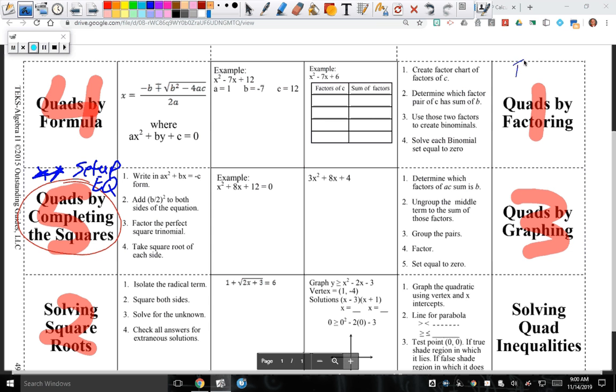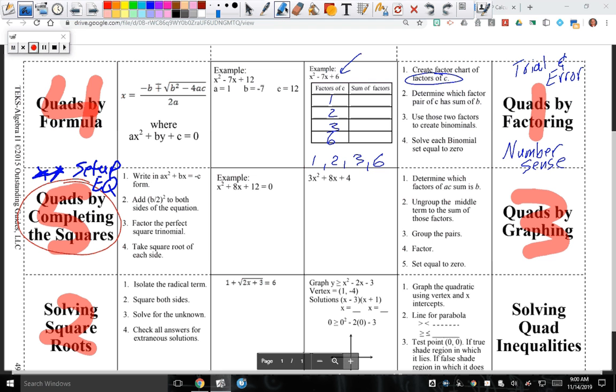This right here is your trial and error, strategic trial and error, but this is the number sense method where you look at factors of C, which in this case is 6, which could be like 1, 6, or 2 and 3, and then you see what would the sum of those factors be. Okay, so the way I have this out, we put it like this.